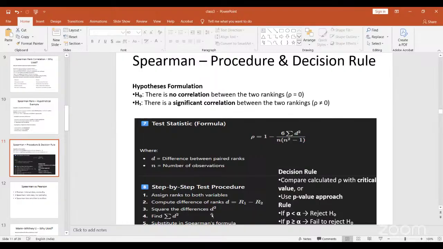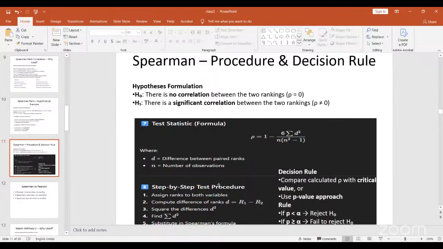The square of the differences, because we are intended to deal with the positive part. We can deal with the modulus, but square is easier to handle, right?